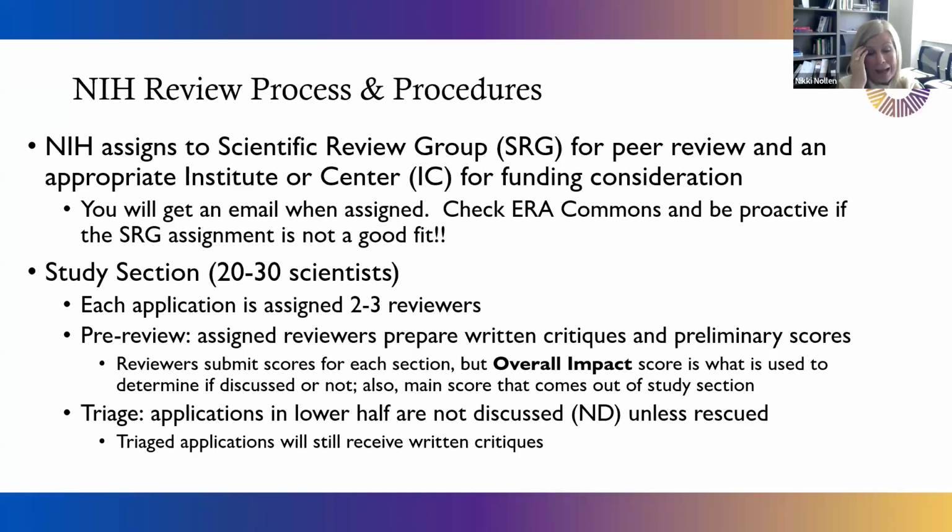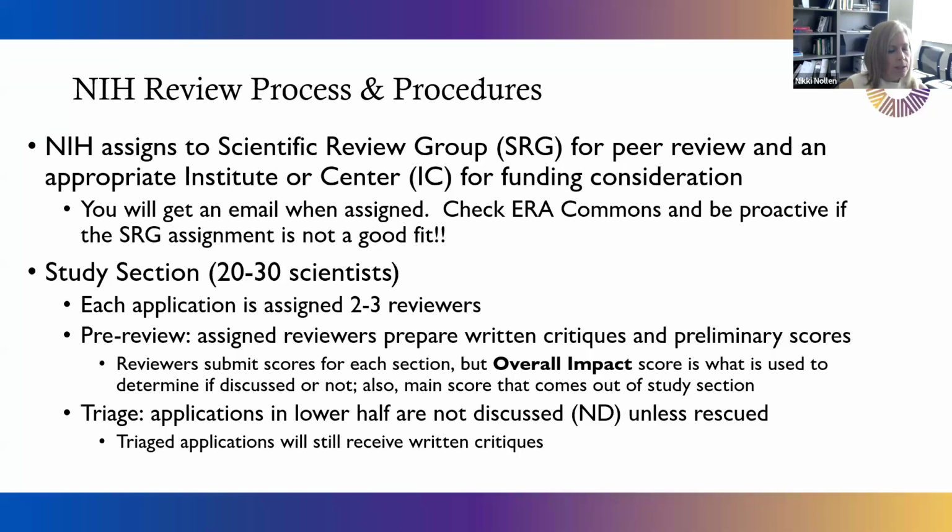In the past, NIH has been quite good about aligning with what you're requesting. I've had some issues recently. I think the Institute is just in general in somewhat of an upheaval, so I have had to go through the process of requesting that the SRG be reassigned. They are very responsive, but just really pay attention because that does matter.